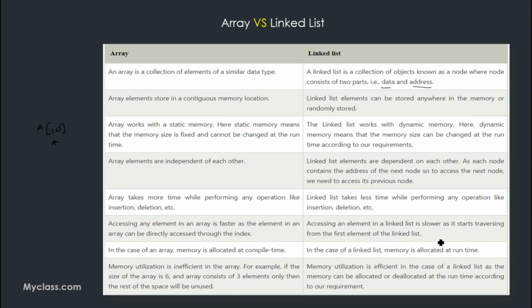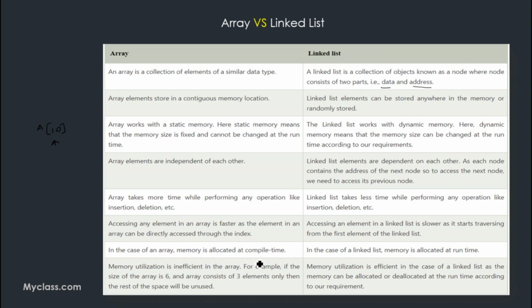But accessing an element in a linked list is slower, and it starts traversing from the first element of the linked list, because only the first element contains the address of the second element. Maybe we want to reach the third element, but only the second element knows the address of the third element. Clear?